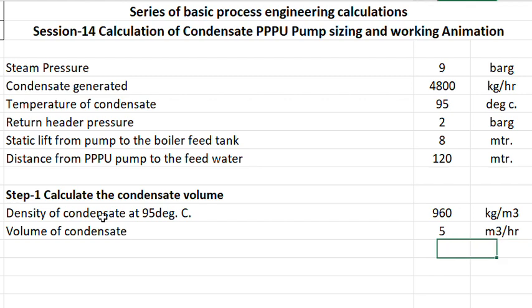So that can be converted to liters per hour. To calculate that, we need to convert it into liters, so we got liters per minute, as I have divided by 60.